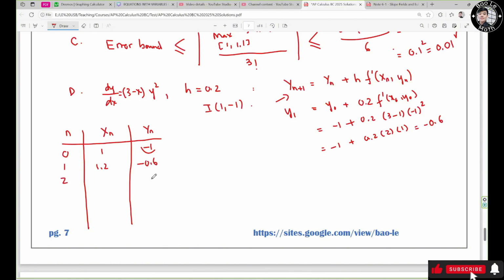Now n equals 2, so y2 equals y1 plus the step size 0.2 times f prime of s1, y1.